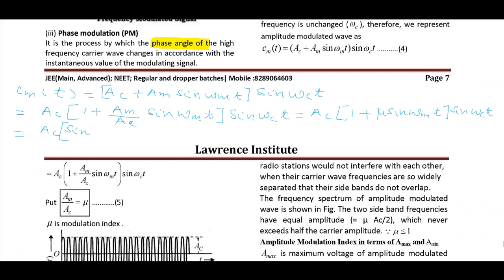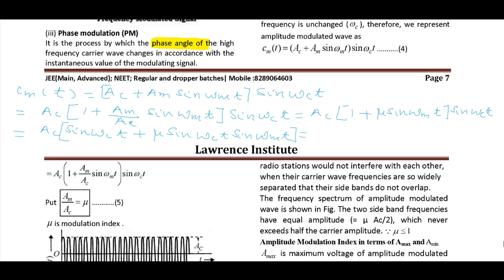Here I shall have sine omega ct, one frequency which is the carrier frequency, plus mu into sine omega c t into sine omega m t. This is the equation.